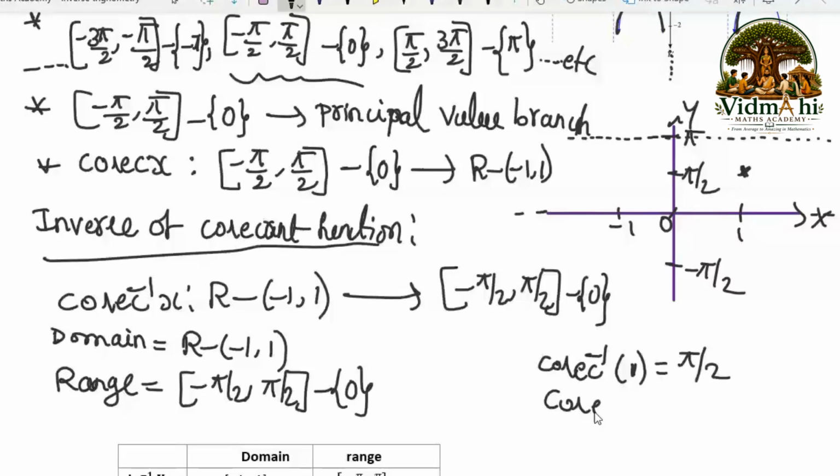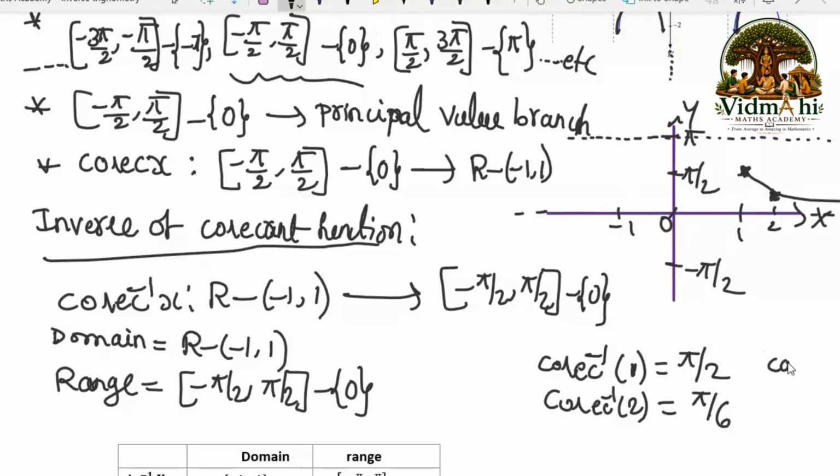Where the cosec function is 2 at 30 degree, that is pi by 6. So here it is 2, 30 degree, pi by 2. So okay. Now if you join this, you will get like this.